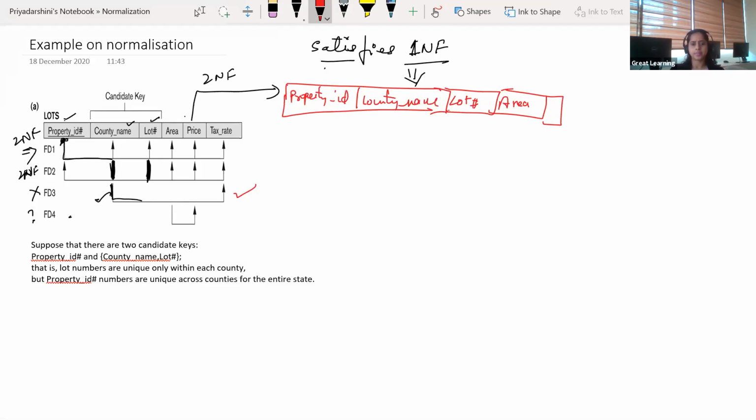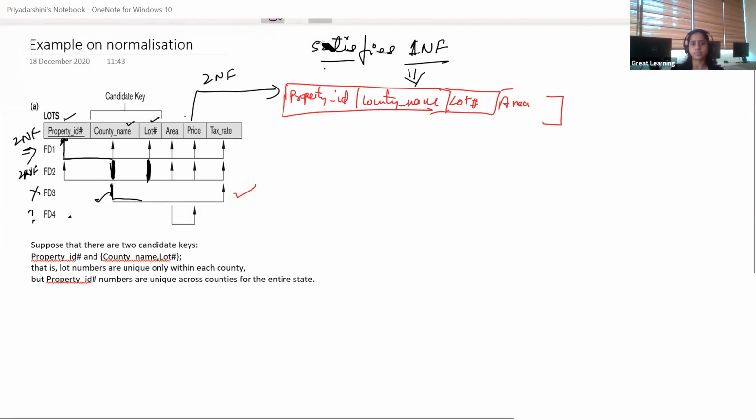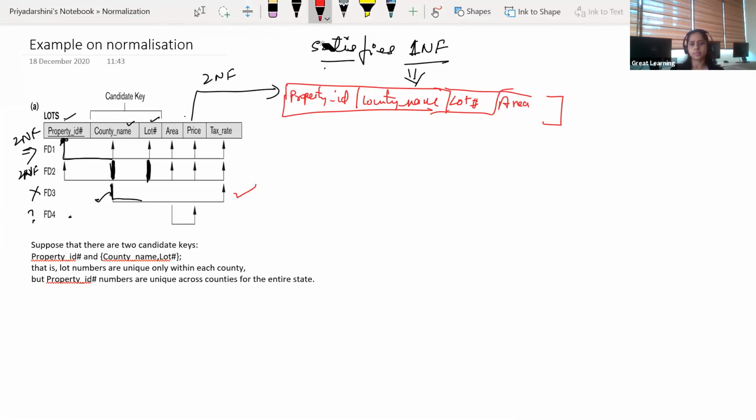Area, and then price. What is the new thing I have to do?